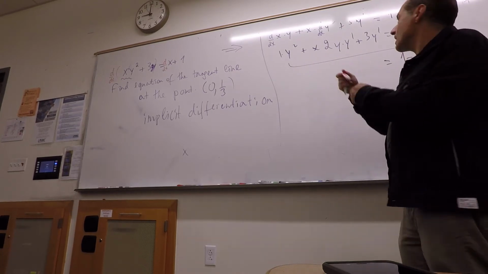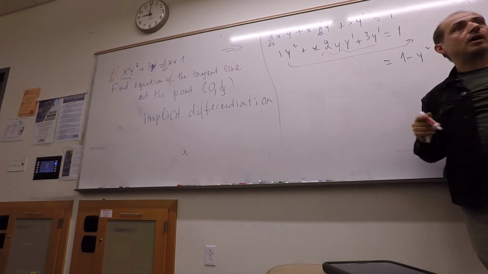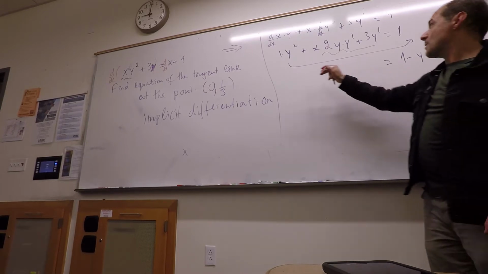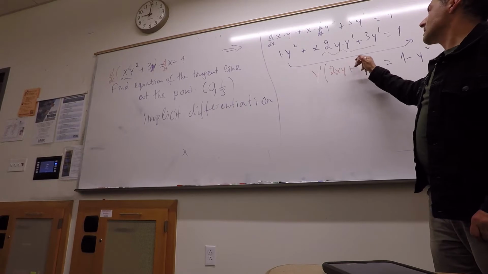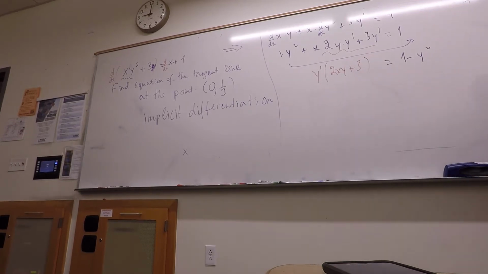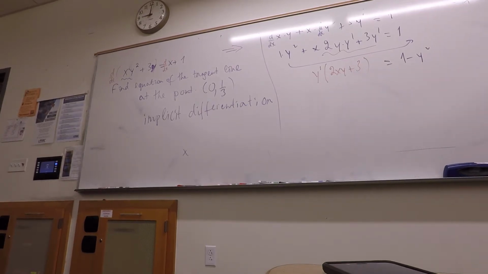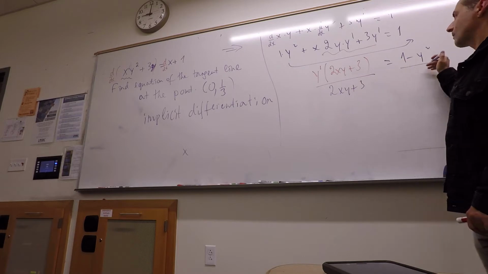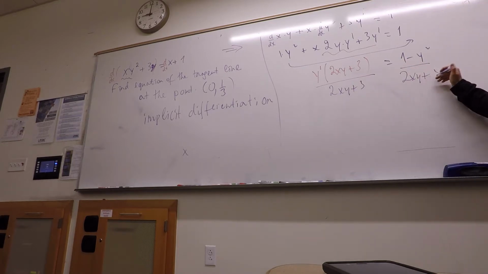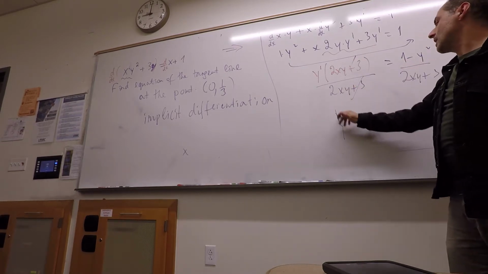And then what do I do here? Factor y prime. I'm going to do it at the same time. So that's going to be y prime times what? 2xy plus 3. Did you get what I did? Two steps, right? And then finally I will divide, right? By what? So my y prime will be what?